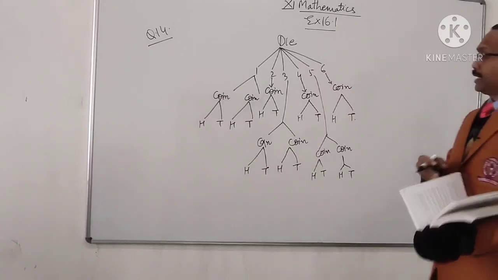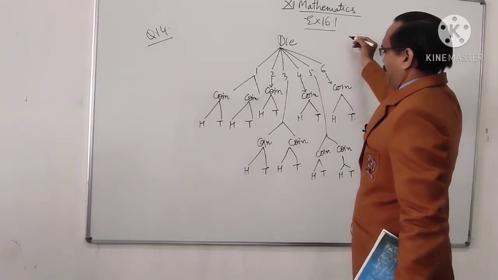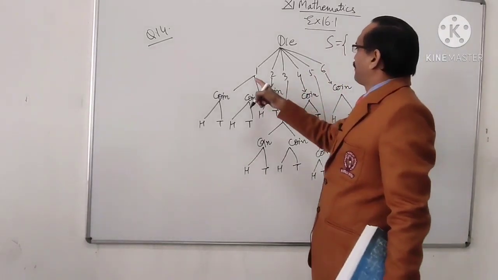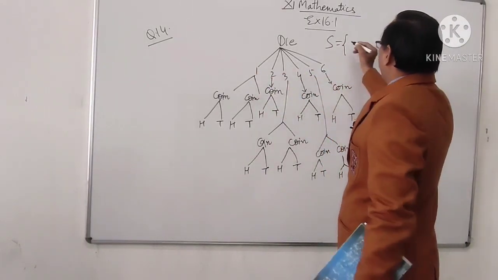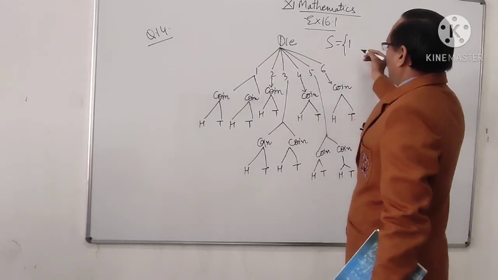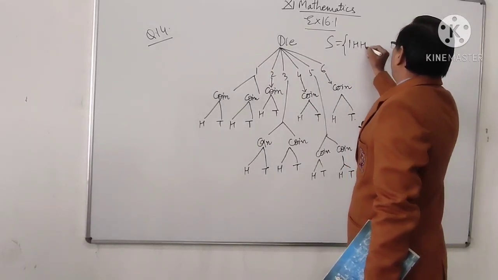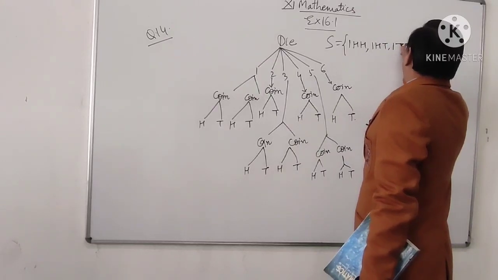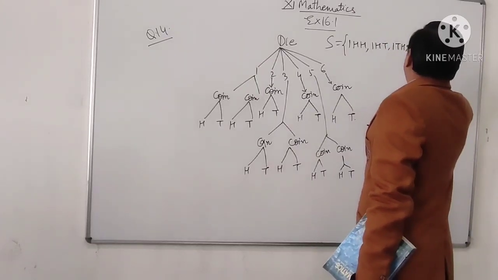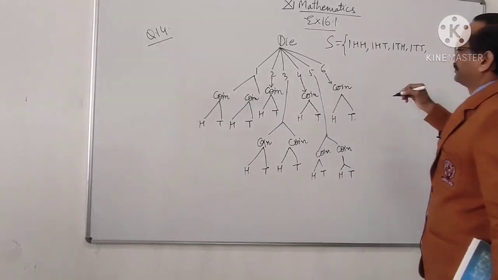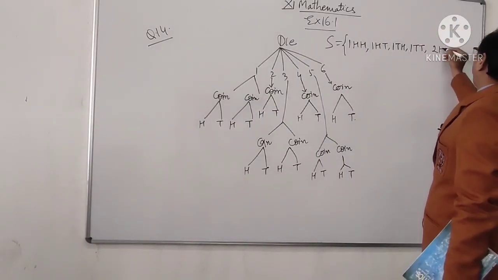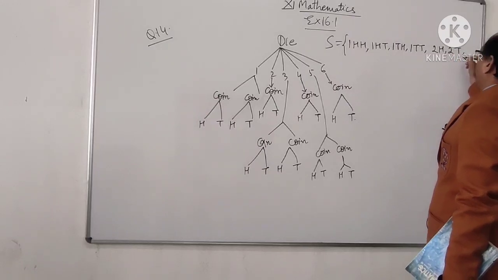Now we will write the sample space for the experiment. So S equals, when there is 1, there are the possibilities 1HH, 1HT, 1TH and 1TT. Then when there is a 2, only 2H and 2T.